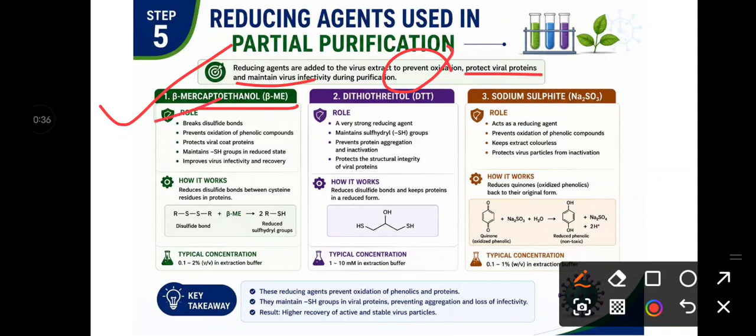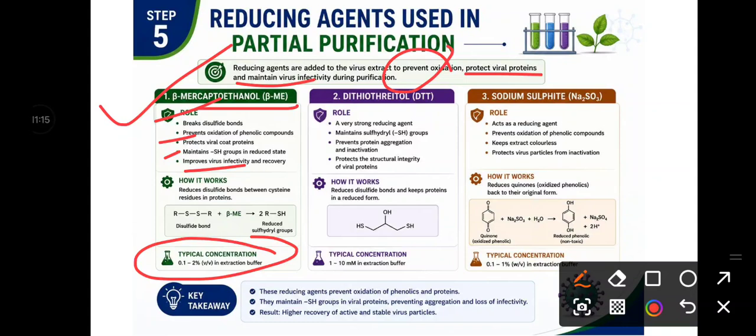It breaks the disulfide bond, prevents oxidation of phenolic compounds, protects the viral coat protein, maintains the SH group in reduced state, and improves the viral infectivity and recovery. Actually, what the reducing agent does is prevent the precipitation or coagulation of proteins, and also prevent oxidation. Okay. So what is the concentration generally used? The concentration is 0.1 to 2% volume by volume in extraction buffer.